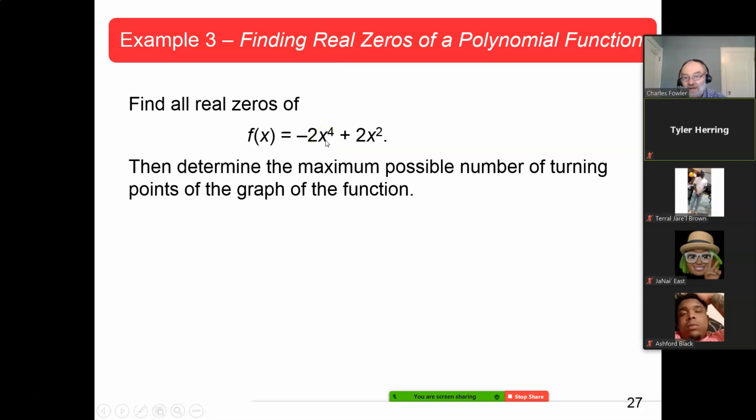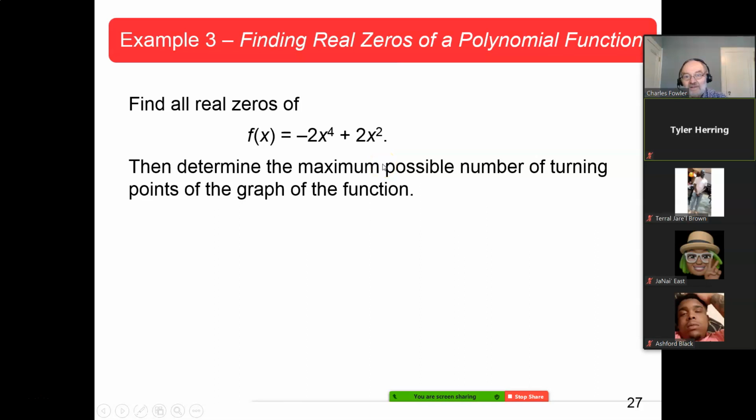Those are two other zeros. So we found the 3 zeros. Maximum you could have would be 4. It only has 3. Now, one of the reasons for that: x equals 0 in that first one, minus 2x squared equals 0, x equals 0, or x equals 0. It has a double root at 0.